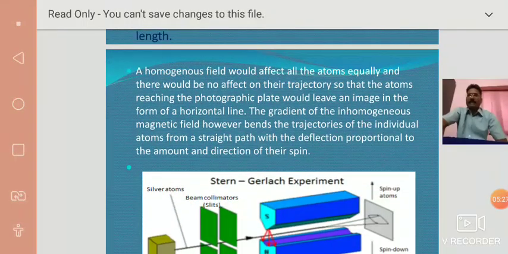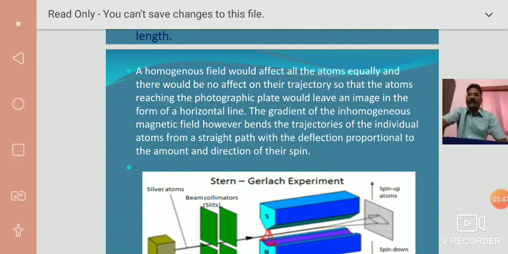A homogeneous magnetic field would affect all the atoms equally and there would be no effect on their trajectory, so the atoms reaching the photographic plate would leave an image in the form of a horizontal line.